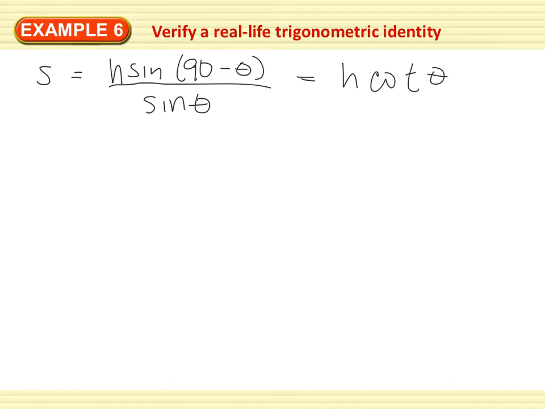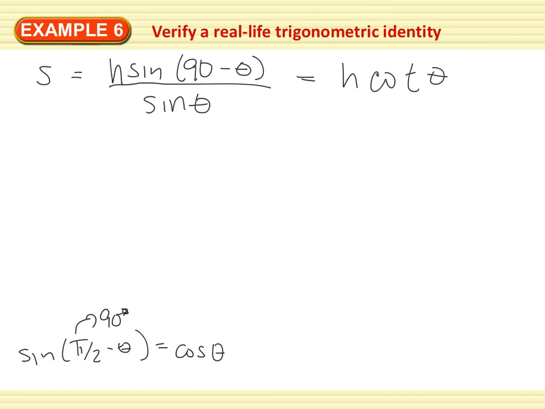So I need to look at my identities, and I know that the cofunction identities, I'm looking at sine, the cofunction identity I see is sine of pi over 2 minus theta equals cosine theta. And remember, pi over 2 is the same as 90 degrees.